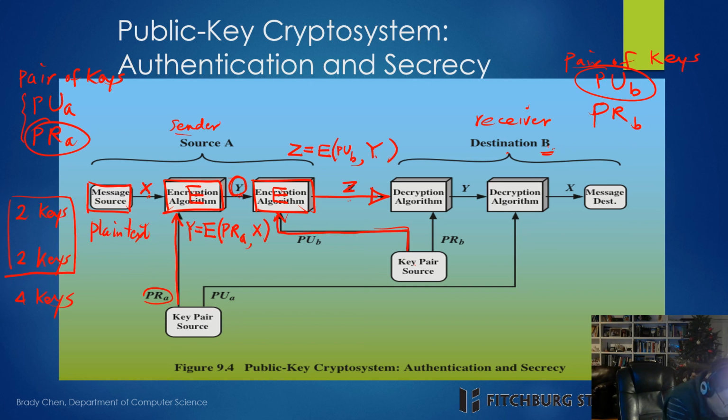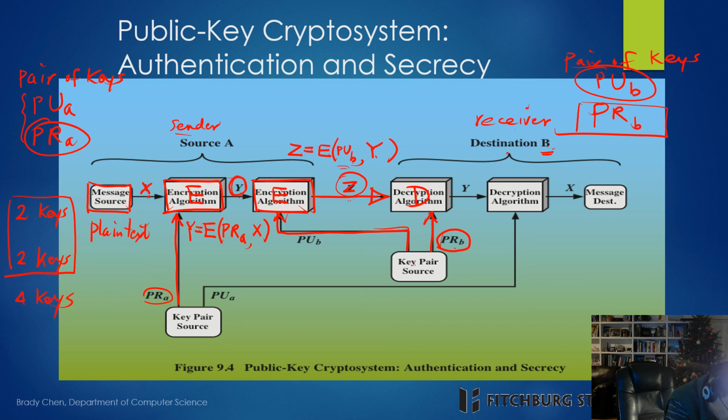Okay, so when the receiving side receives the message Z, it will use the decryption algorithm. The decryption algorithm will combine the ciphertext Z and the private key of the receiver, because Z was encrypted using the public key of the receiving side.